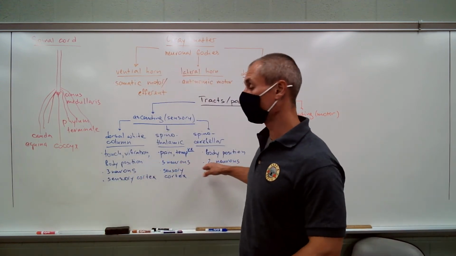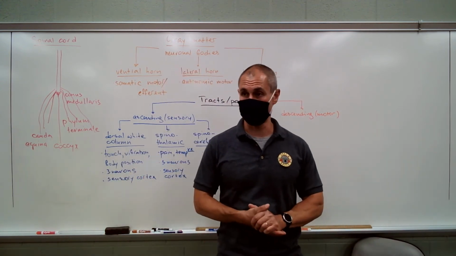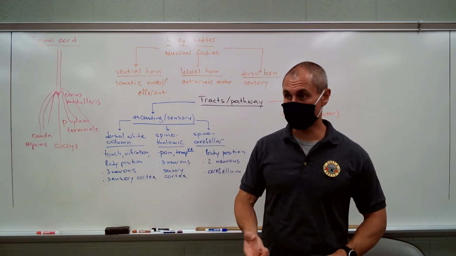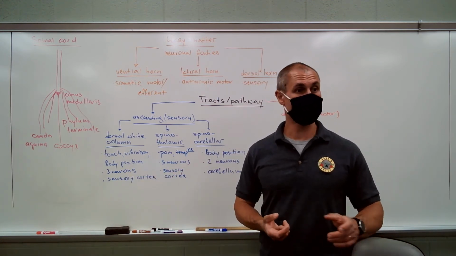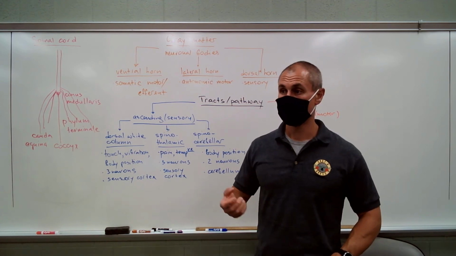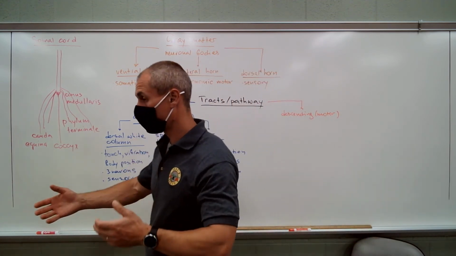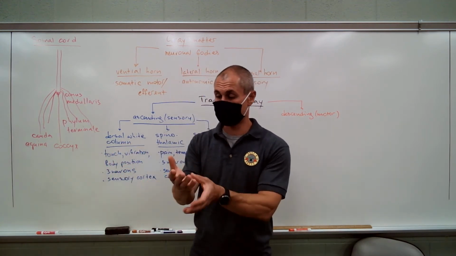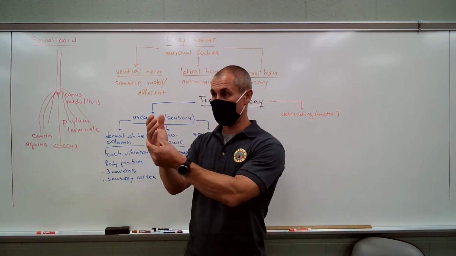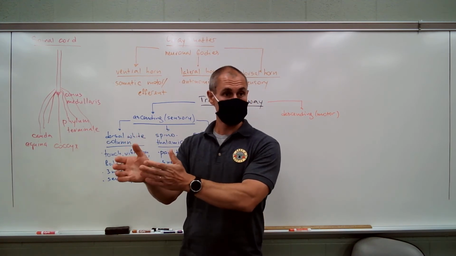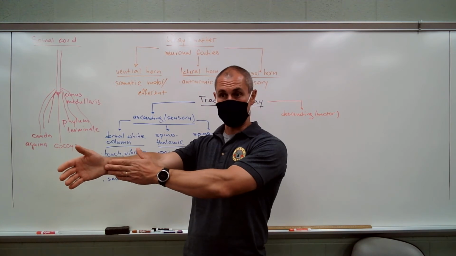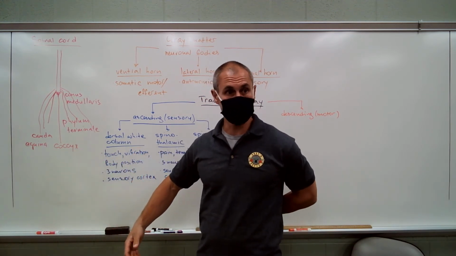The neurons are named in an extremely creative way. They're named first order, second order, third order. Here's what happens. Look, for instance, there's a touch sensation in my palm. First order neurons will convey the signal from my palm to my spinal cord.